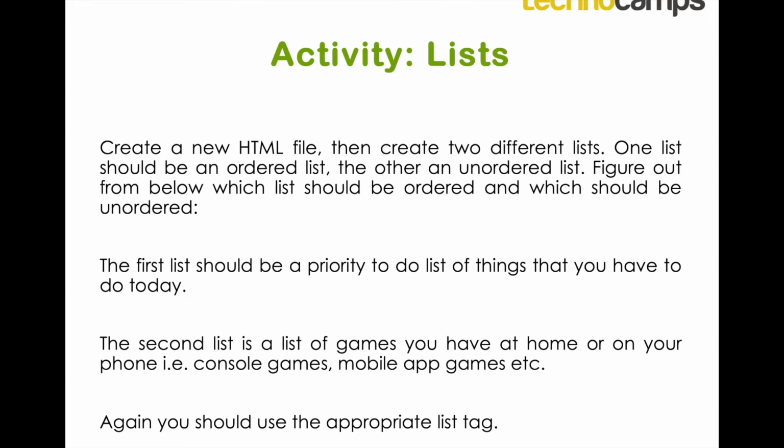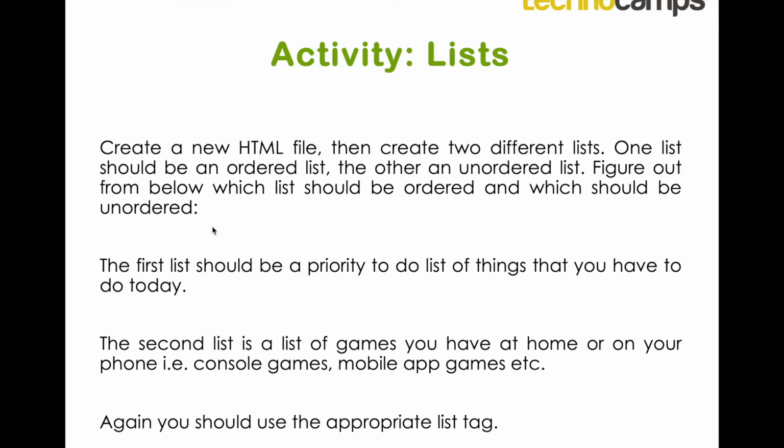Now, as an activity, I would like you to pause this video and create a new HTML file with two different lists. One list should be an ordered list, the other an unordered list. Figure out from below which list should be ordered and which should be unordered.